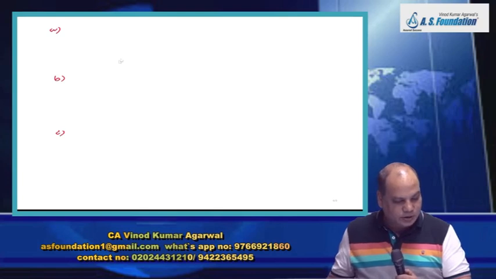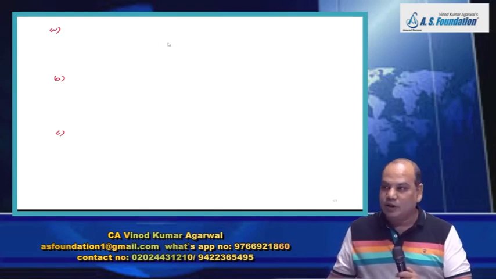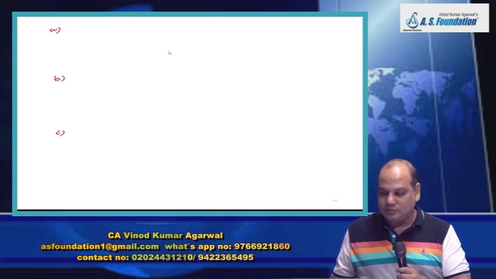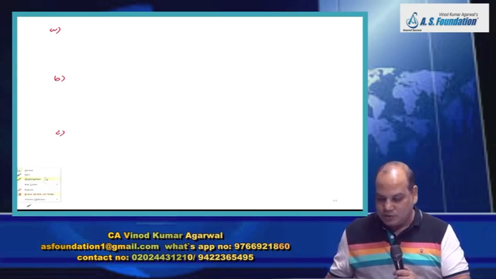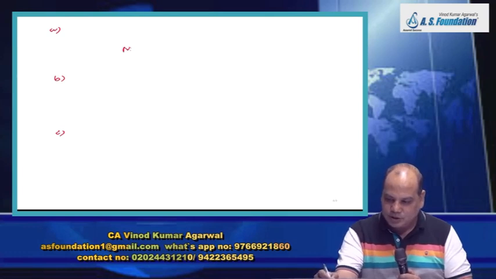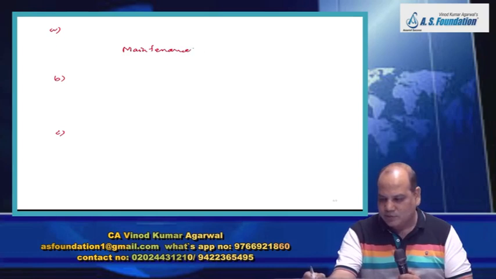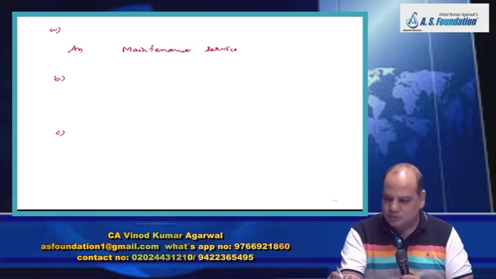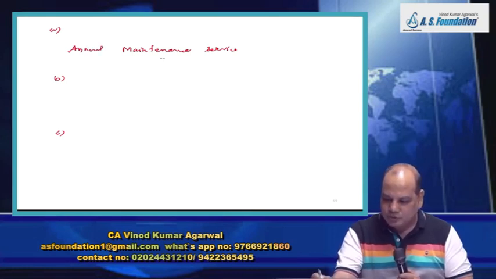First is the benefit is transferred to the customer when the entity is performing its obligation. This is the easiest one. Suppose a company is providing an annual maintenance service, AMC, annual maintenance contract. And what is the service?